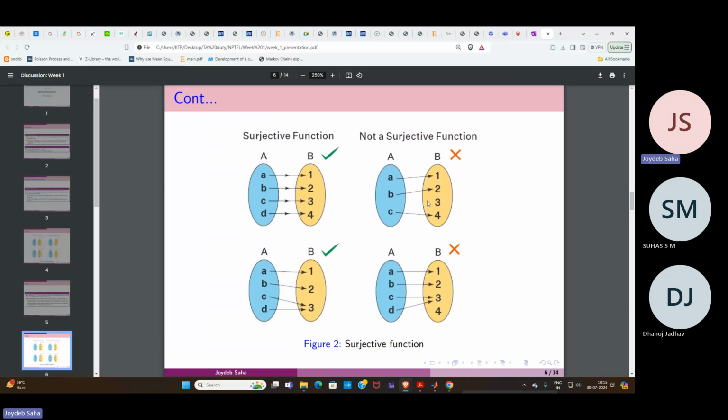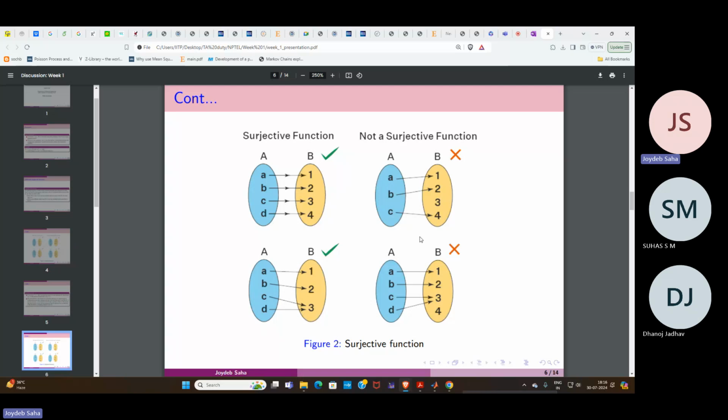Now come to figure 3. If A includes 3 elements A, B, C, B includes 1, 2, 3, 4. And now you can see there is one element 4 that does not have a pre-image in A. This we will not call surjective function.